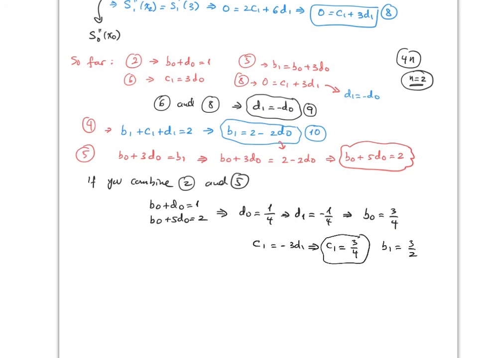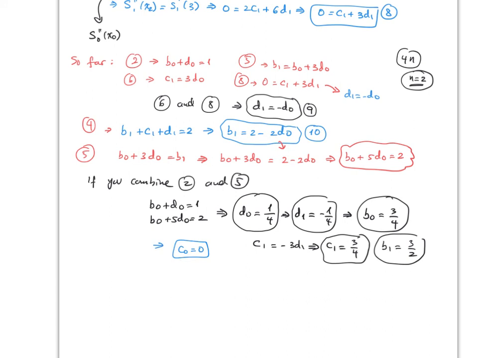So you have c1, b1, b0, d1, d0. And remember from equation 7 that c0 was equal to 0.